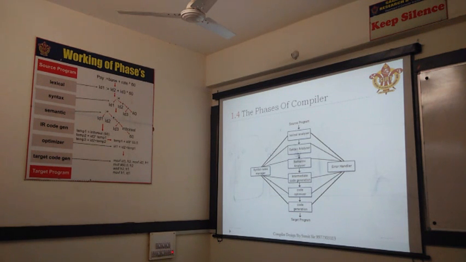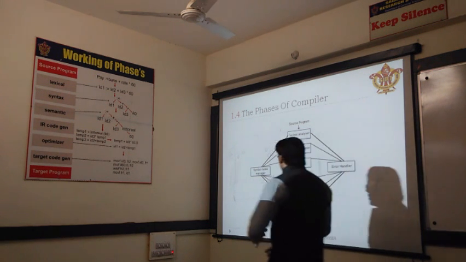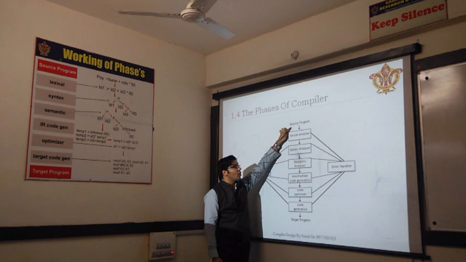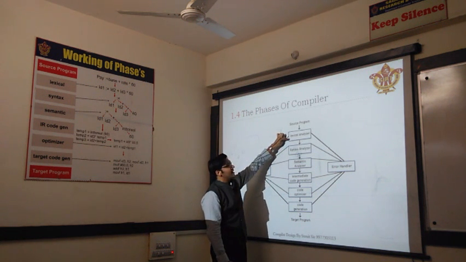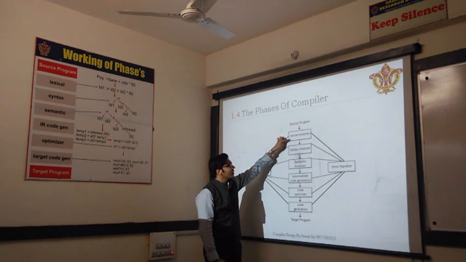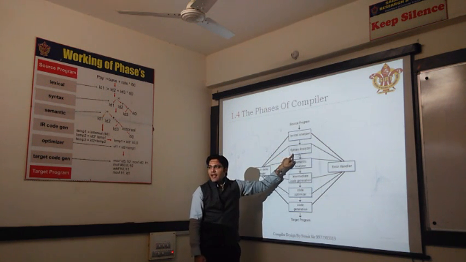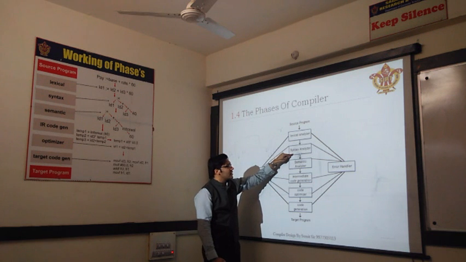Well, this PPT shows that the phases consist of 6 blocks. The source program enters from this point and passes through the lexical analyzer, which is known as scanner. Then the output of the scanning is directed towards the syntax analyzer, known as a parser.